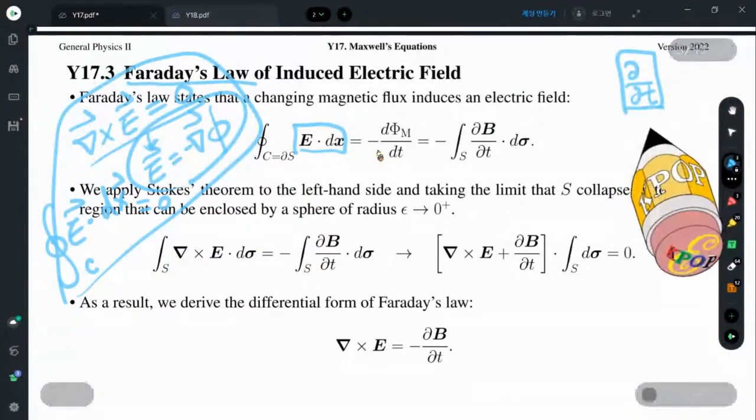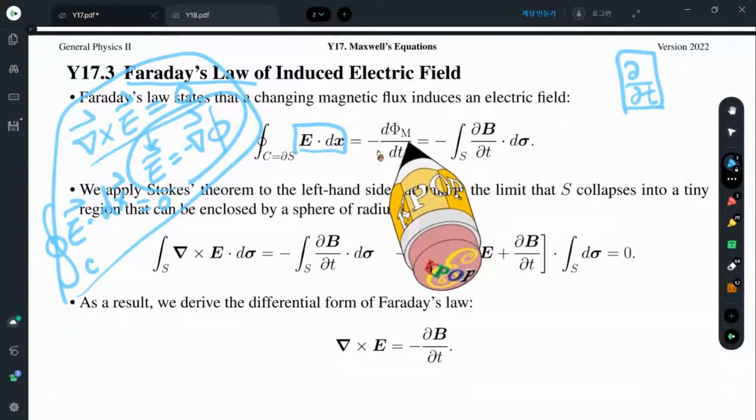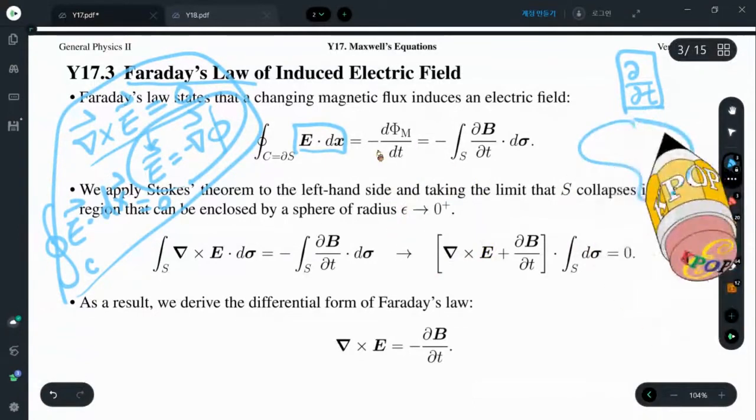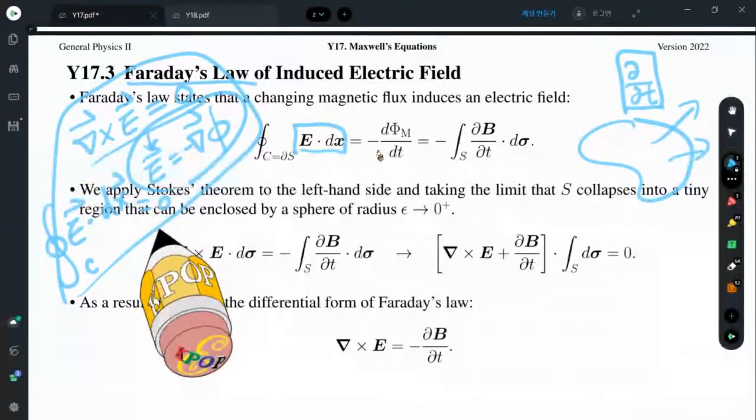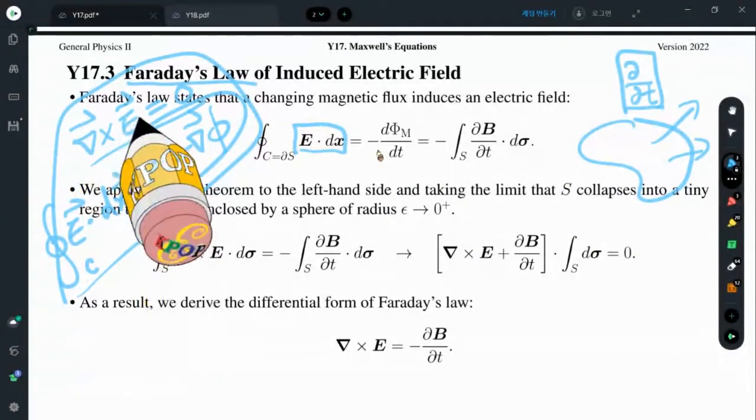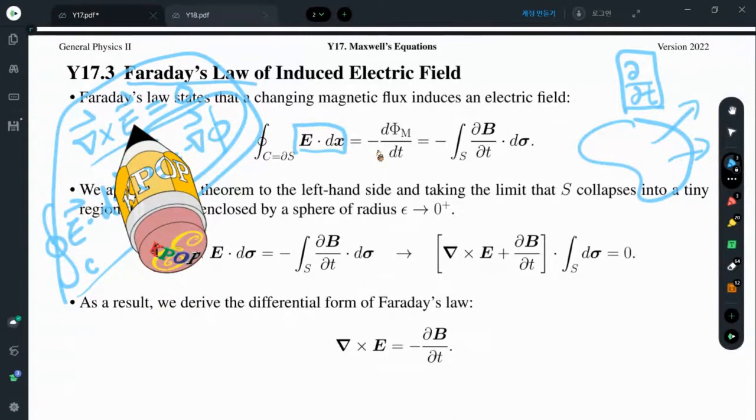If there is a time dependence in the magnetic field, or the magnetic field flux passing through a circuit, this is not true anymore. So the conservativeness of the electric field is not true anymore. Instead, the conservative force is not isolated to the electric field. It is distributed over both the electric field and magnetic field.